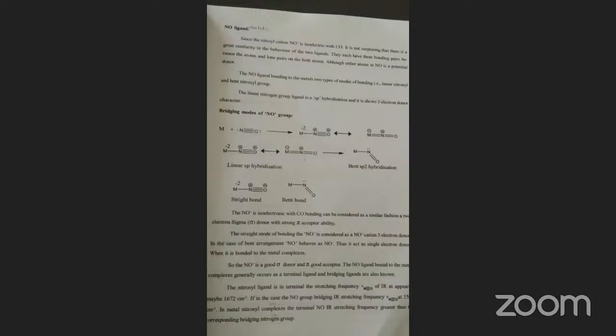So here in this structure, the nitrosyl donates the nitrogen pair of electrons to the metal atom and produces a bond between the metal and nitrogen. Okay. At that moment, the nitrogen donates its pair of electrons. Then the electron density of the nitrogen atom decreases and the bonds increase.